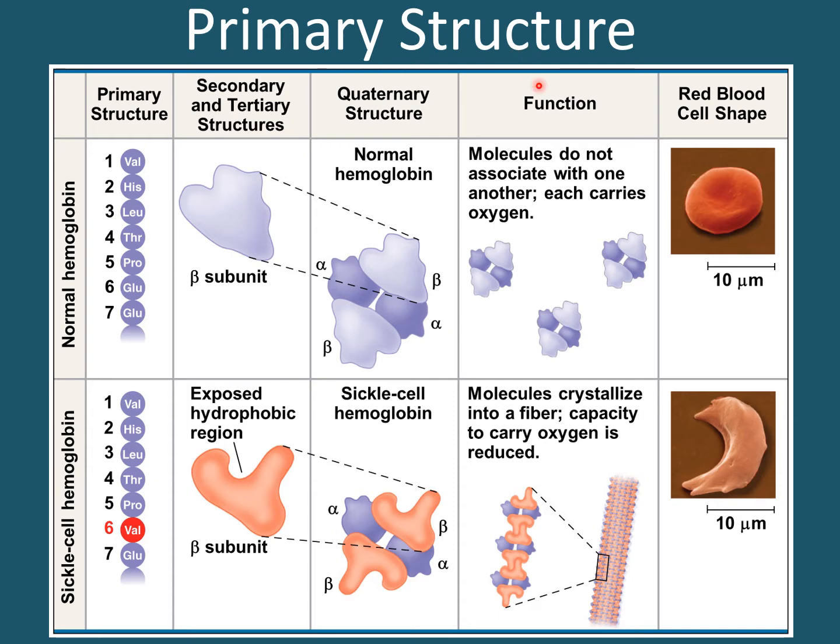Hemoglobin in this state does not carry oxygen as well. A decreased ability to carry oxygen in the blood is called anemia. Hence, the disorder is called sickle cell anemia. You can see from this example how important it is that our cells get the primary structure of a protein correct.